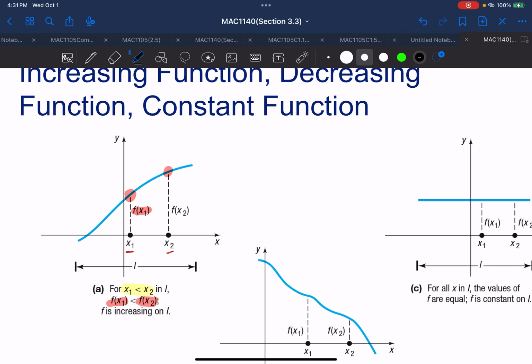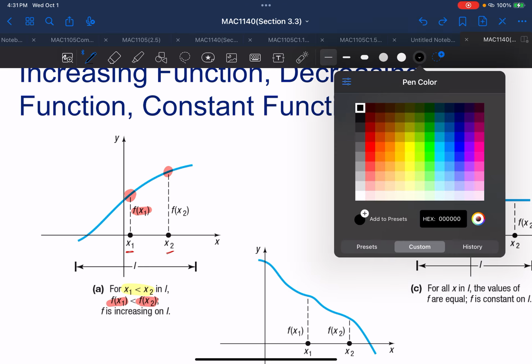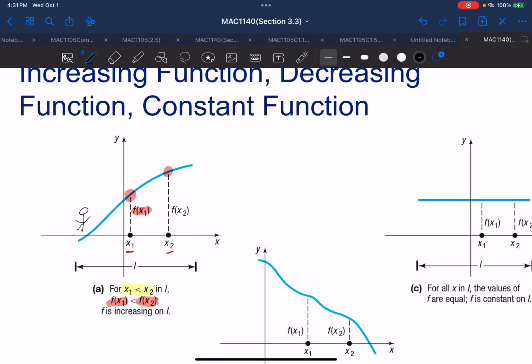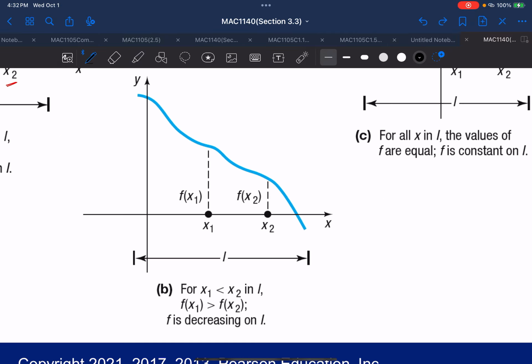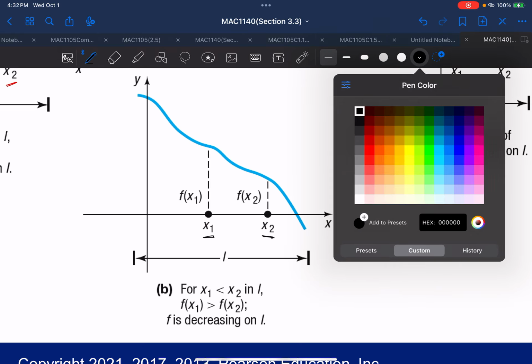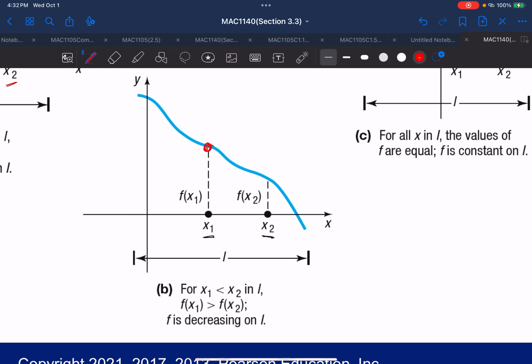The blue function is increasing. If I start from the left and I put a stick figure little guy on this curve and I told him to walk to the right, he'd have to walk uphill. So he's going upwards, so it's increasing. For decreasing, if x1 is less than x2, then the output for x1 should be greater than the output for x2.